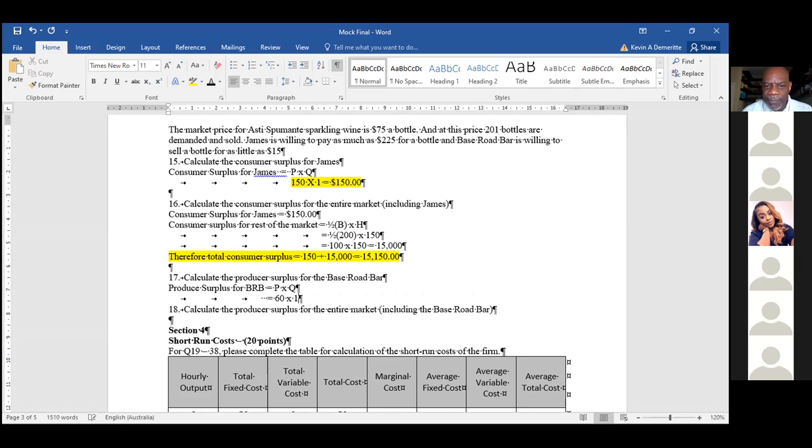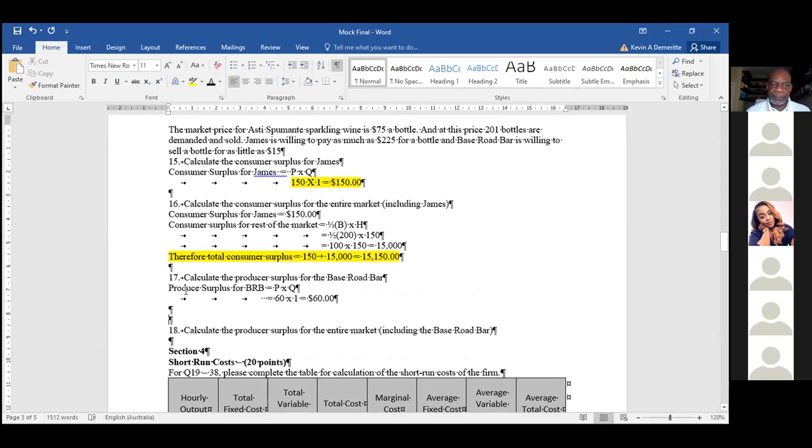And they're only selling one bottle, so their producer surplus is $60. Because they are willing to sell it for $15, but they don't have to sell it for $15 because the market price, according to the question, is $75.